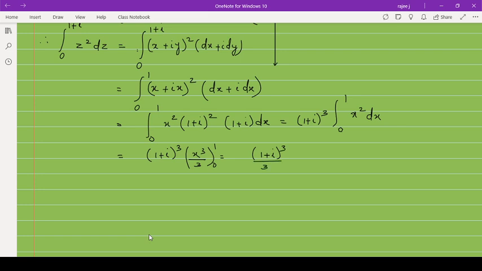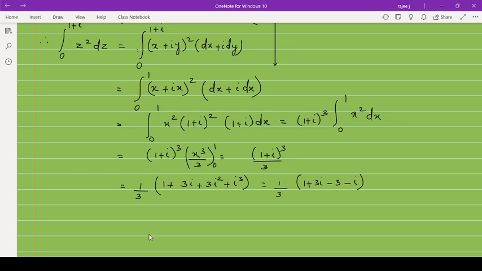And this you can again simplify as 1 by 3 into, just open this bracket, (a plus b) the whole cube: a cube plus 3a square b plus 3ab square plus b cube. So that is equal to 1 by 3 into 1 plus 3i, and here 3i square means minus 3, and i cube is minus i.